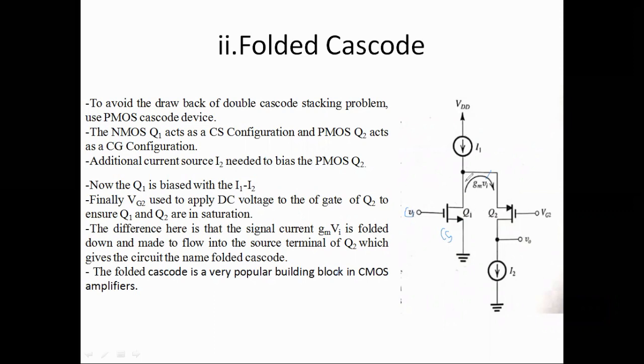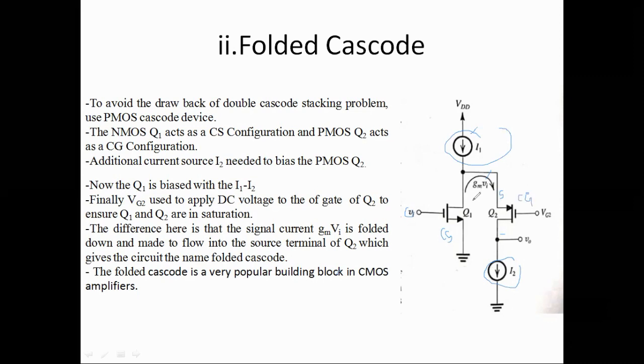The drain of Q1 is loaded with current source I1. Q2 is loaded with I2, and the output is taken at the drain of Q2. Input is source, output is drain, gate is common, hence it is a common gate PMOS.